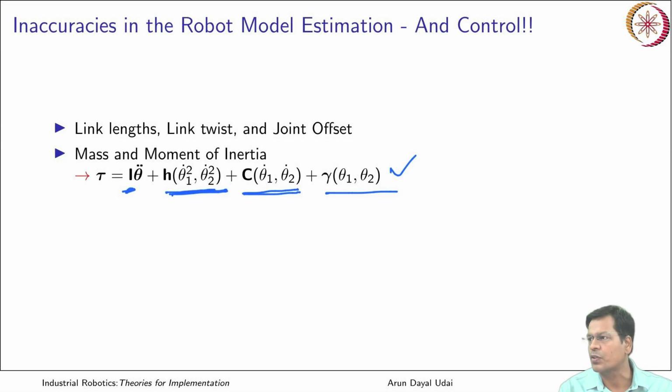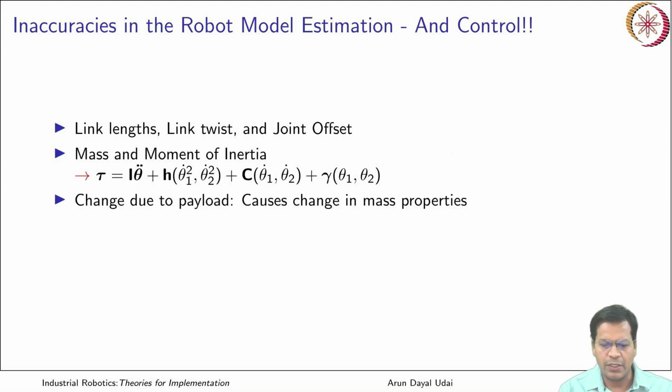So moment of inertia and masses should be known very accurately. Because that is not possible, it cannot be taken care of by this equation alone. So this equation can no more run the robot accurately. You need some sort of controller that takes care of any error due to unmodeled parameters which are not accounted for here.